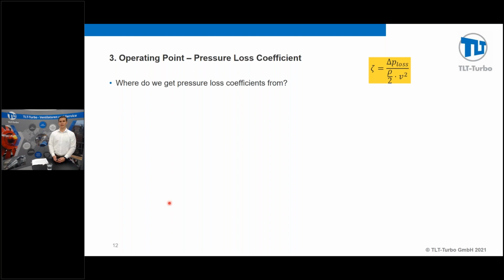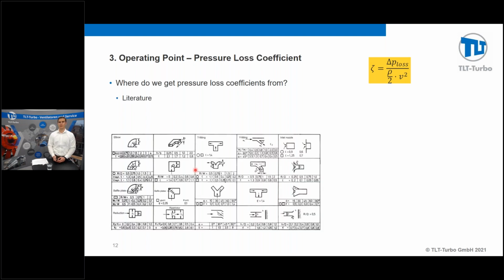You may ask, okay, if that's so easy, where do I get these zeta values from? And I think there are three different possibilities. First of all is literature. There are tons of tables, books, diagrams where you can find different zeta values for elbows, T fittings, Y fittings, inlet nozzles, etc. So that's one possibility.